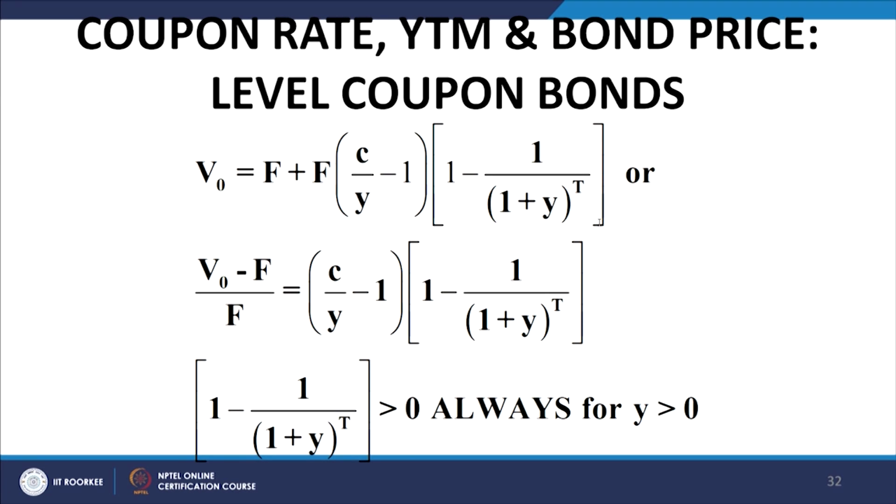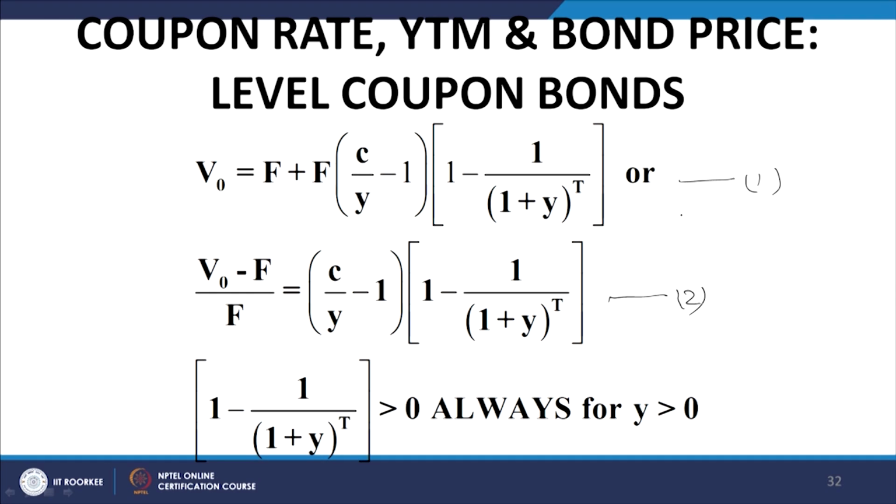This first formula is simply the reproduction of what I just read out from the previous slide. Now, a bit of rearrangement enables me to write this formula in the form given in the second formula. Let us call it equation 2. Let us call this equation 1.